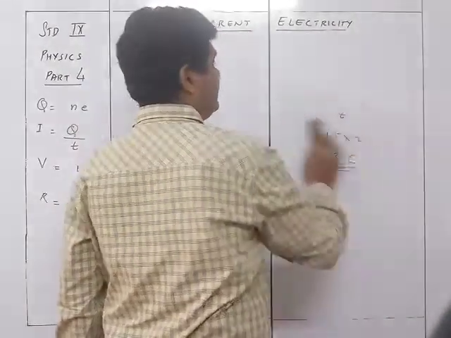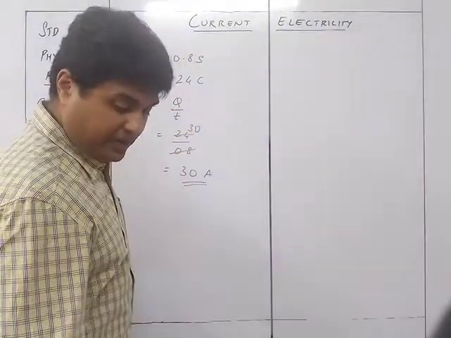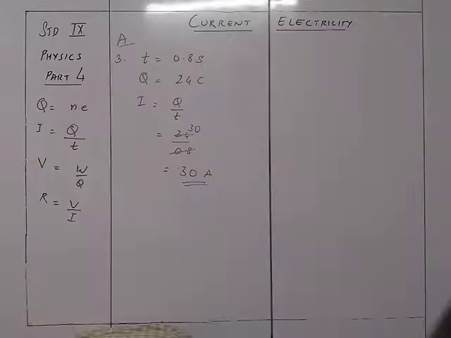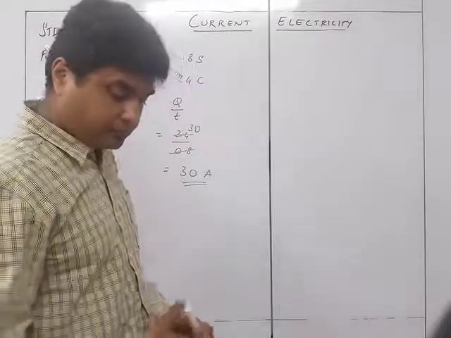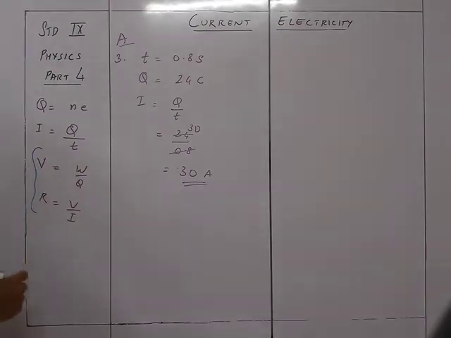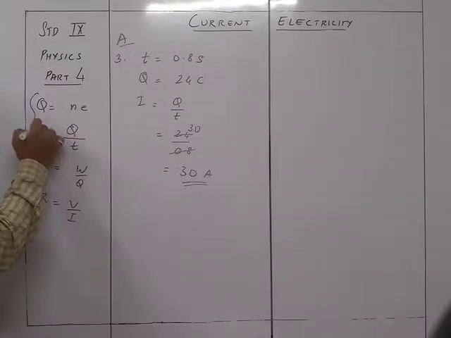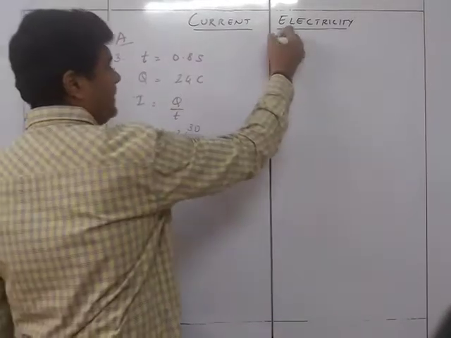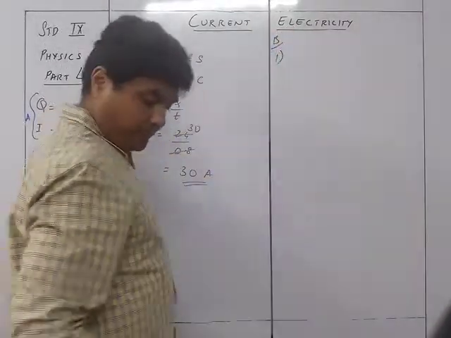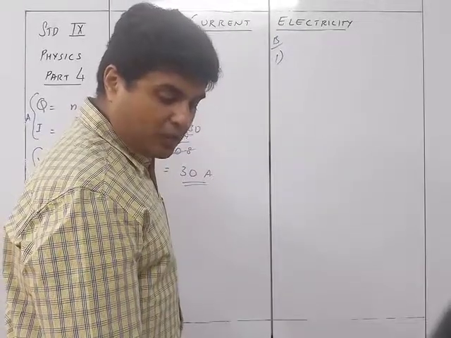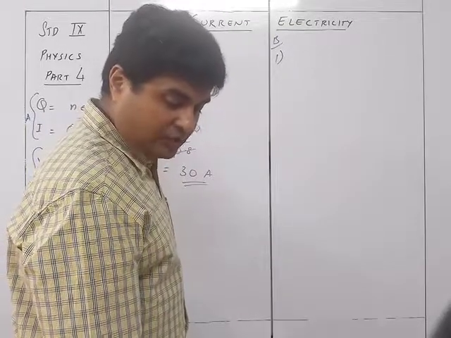Now we see exercise B, the numericals of the second part of the chapter. Okay, this was in the first part, the A part, this is the B part. So in the B part, we have the first question over here. In transferring 1.5 coulomb charge through a wire, 9 joule of work is done.